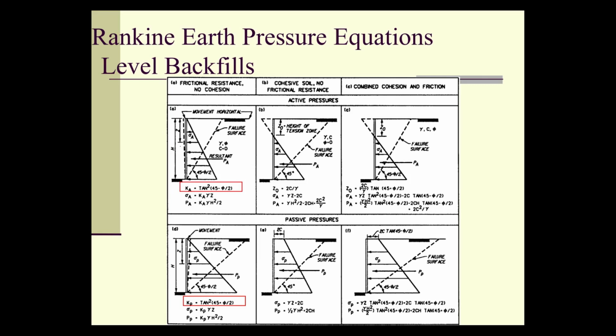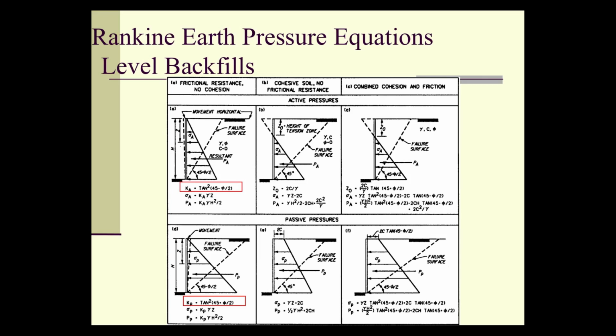And then the sigma A and the PA follow from that, and the passive is pretty much the same kind of thing. The only difference is that in passive, it interacts with the soil a little differently, as you can see.